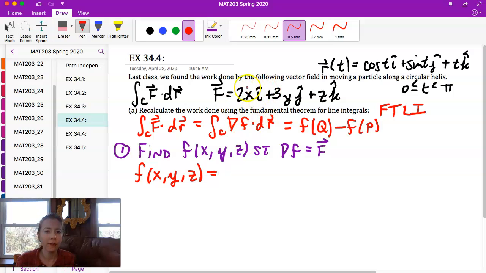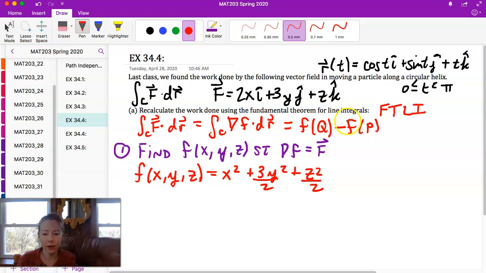For our x component, a good guess would be the integral of 2x dx, which gives us x squared. And if we did the same for 3y, we get 3y squared over 2 when we integrate that. And then if we integrate z with respect to z, we get z squared over 2.